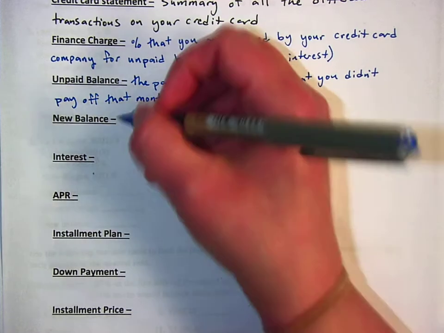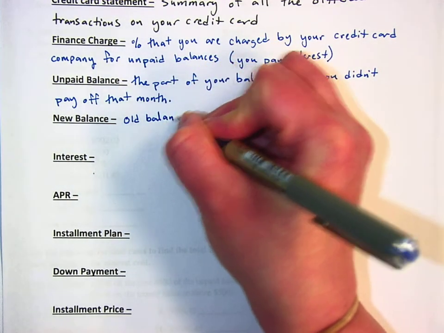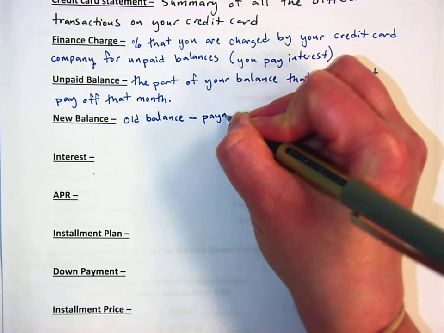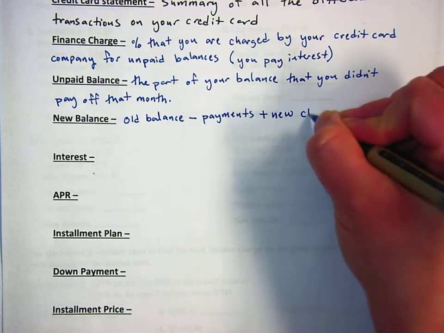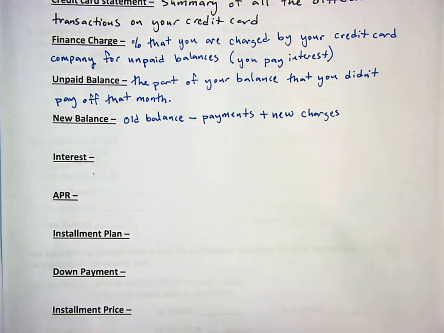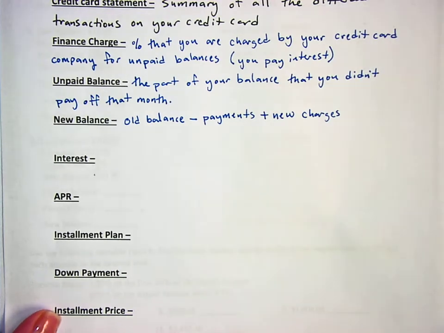And to find the new balance, you take the old balance and subtract payments and add in new charges. And that will get you your new balance. Okay. So go ahead and pause if you need to, so you can get those down.